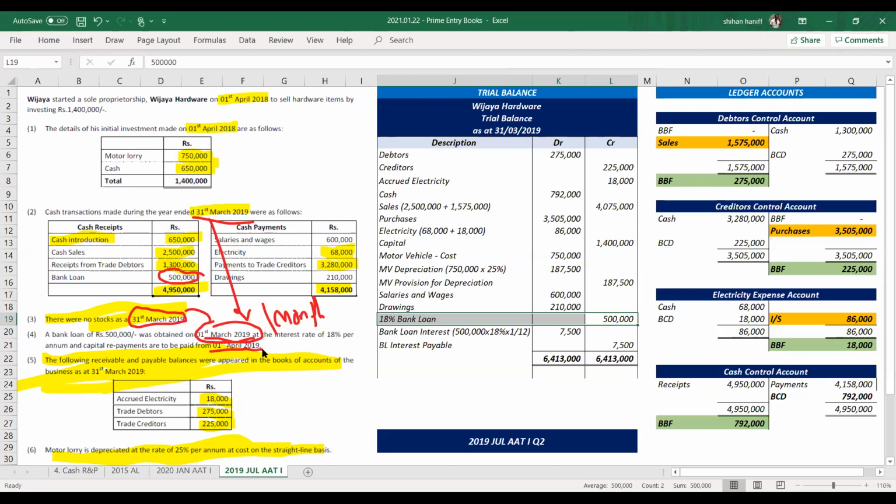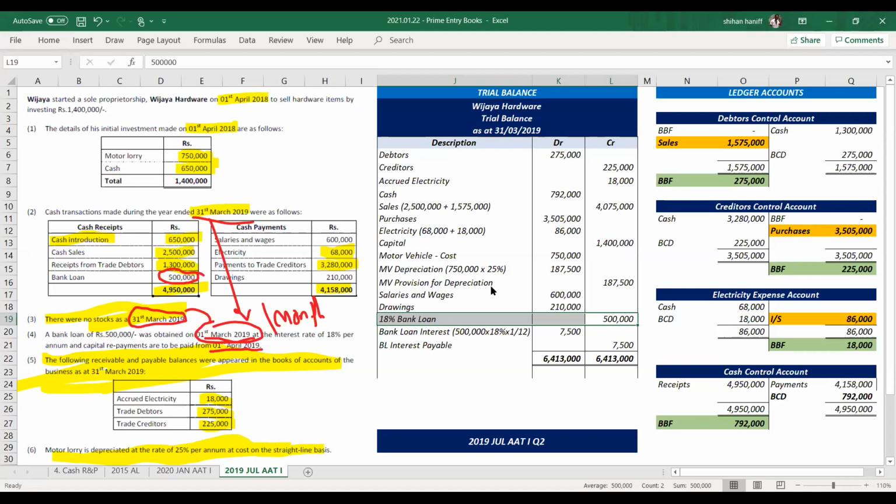So at the end of 31st March 2019, this 7,500 is payable. The payment is done next year, but the duration comes for this year. 1 month interest is payable.